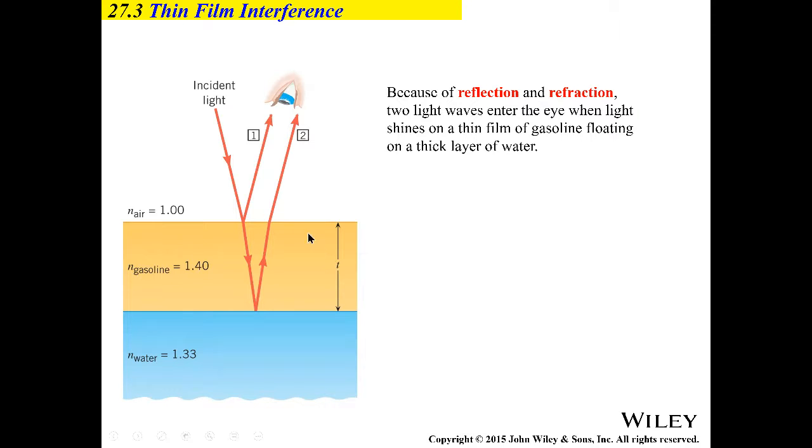Okay, so you now have a light ray coming to this gas or oil, a little oil, right? Call it gasoline or oil. And now light will be reflected off that, but there will also be a transmitted one.